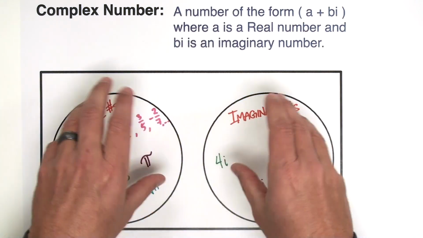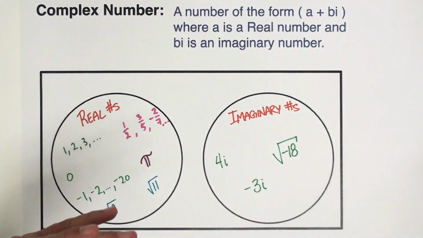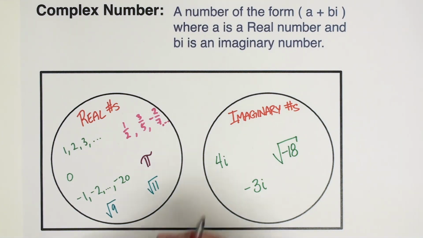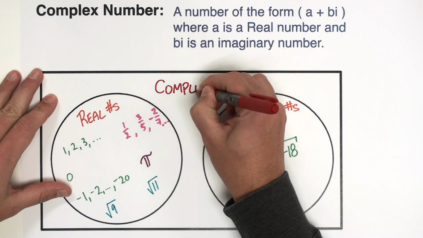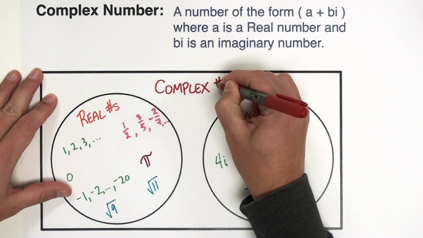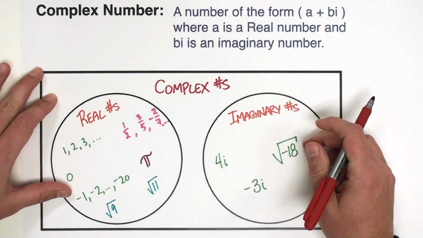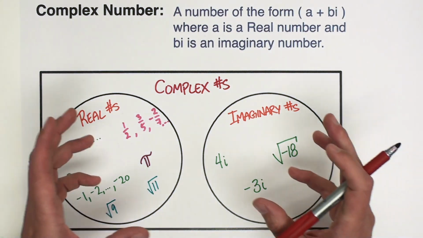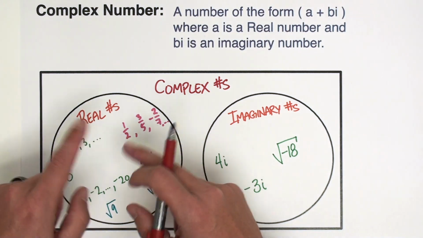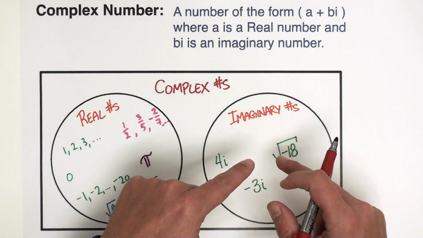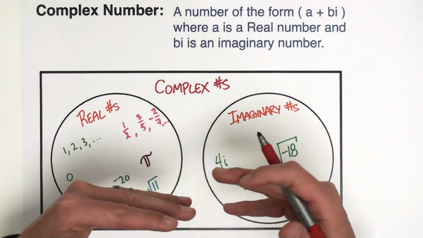Now, if you put these numbers together, we have another system of numbers, a brand new system of numbers. And that system of numbers are called complex numbers. Complex numbers are the combination of real and imaginary numbers. So you take one of these guys and one of these guys, and you put them together and you make a new number.